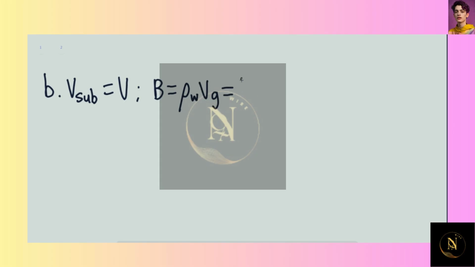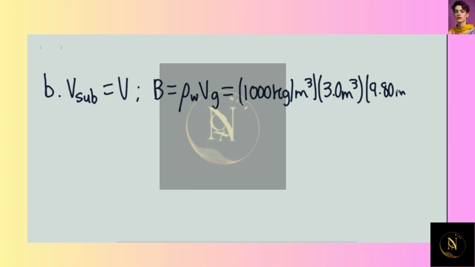And so this is going to be equaling 1,000 kilograms per cubic meter multiplied by 3.0 meters cubed, and this would be multiplied by 9.80 meters per second squared. And so we can say that the buoyancy force would be equaling 2.94 times 10 to the 4th newtons.